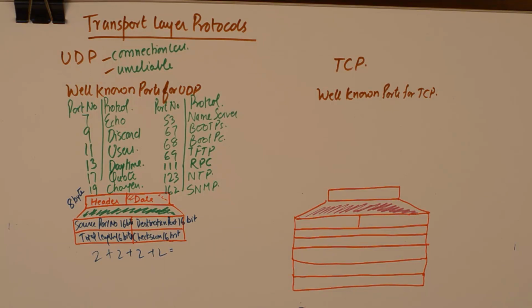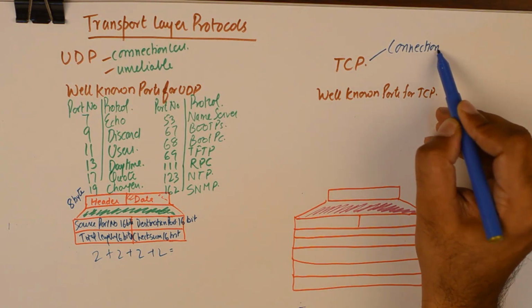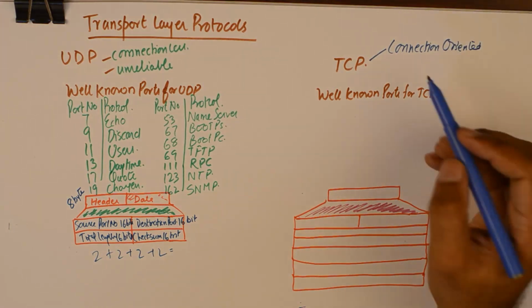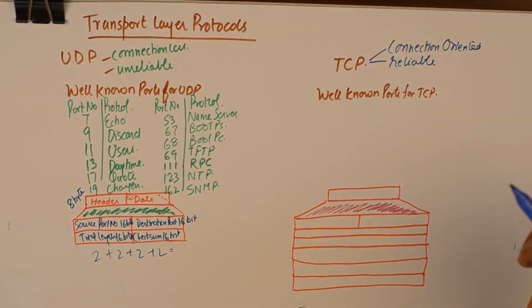And the second well-known transport layer protocol is transmission control protocol, which is known as TCP. It's connection oriented and reliable, and it adds connection oriented and reliability features to the services of IP.